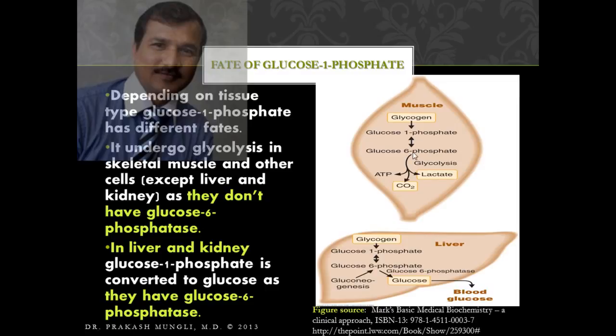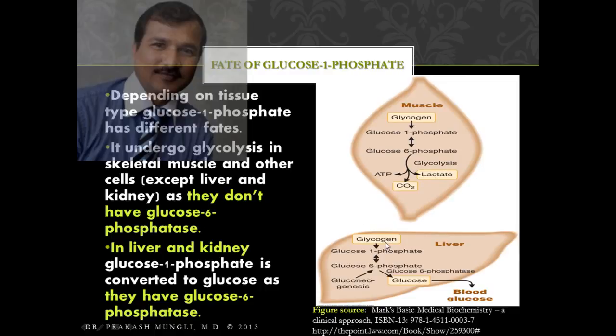Now this glucose 6-phosphate gets into glycolysis, and if the oxygen is sufficient, if the cell has got mitochondria and sufficient oxygen, the TCA cycle will go on and release ATP and carbon dioxide. Ultimately glucose 6-phosphate is releasing 6 carbon dioxide and releasing energy. Whereas if sufficient oxygen is not present, glucose 6-phosphate gets into anaerobic glycolysis and releases lactate.